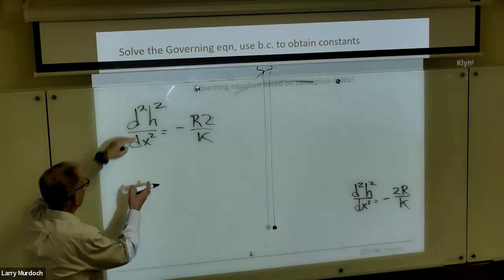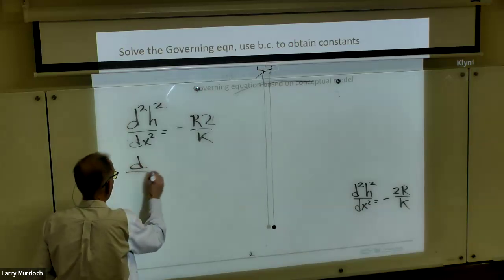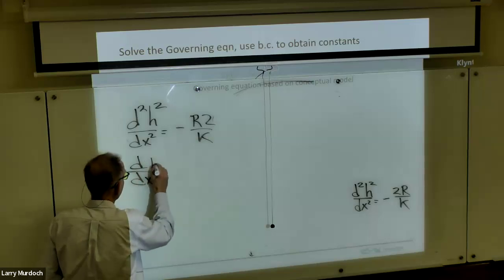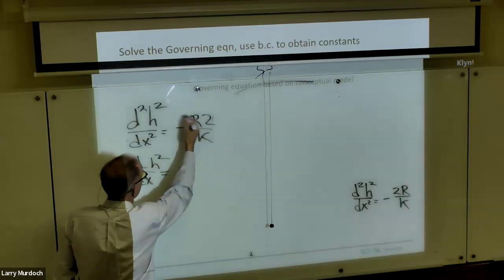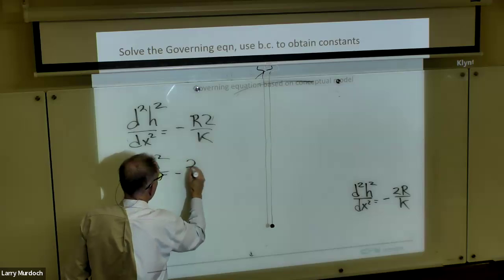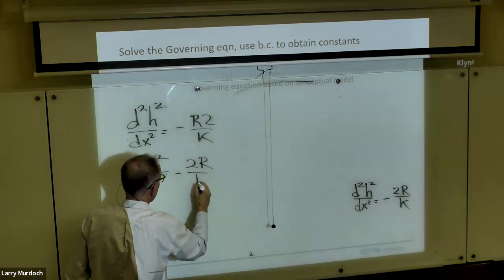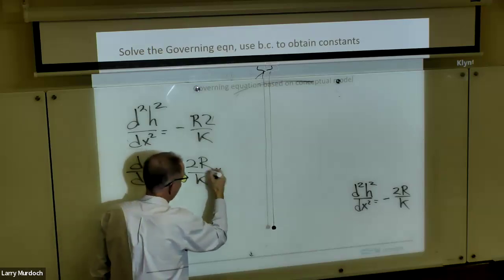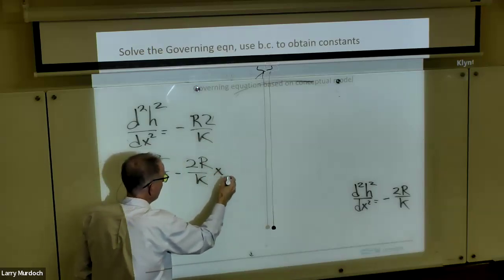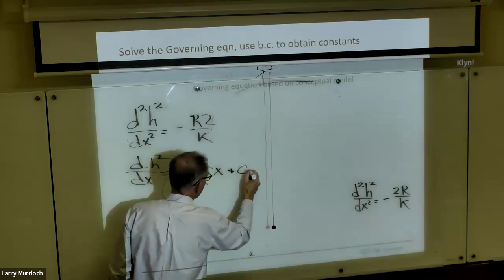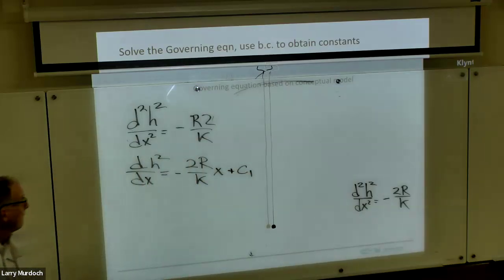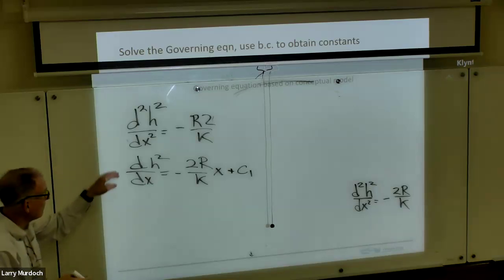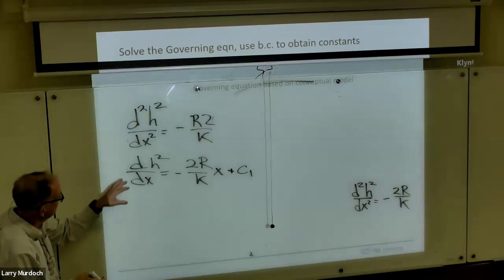First derivative of h squared, so d/dx of h squared. And we integrate that. This is just a constant, so when we integrate a constant, we get a linear function, and then a constant of integration. The procedure is the same as last time, where the next step is integration.